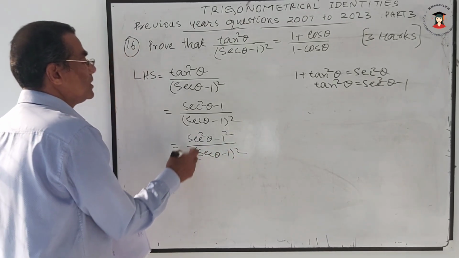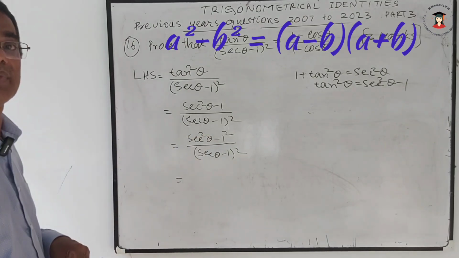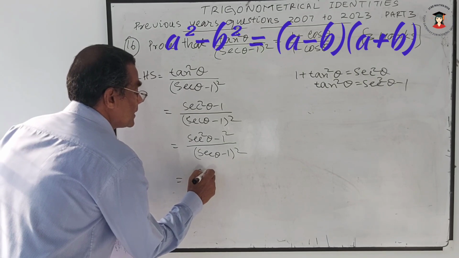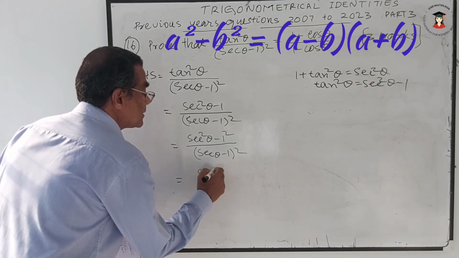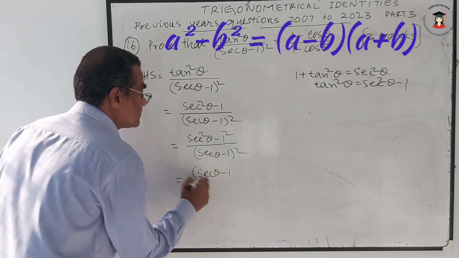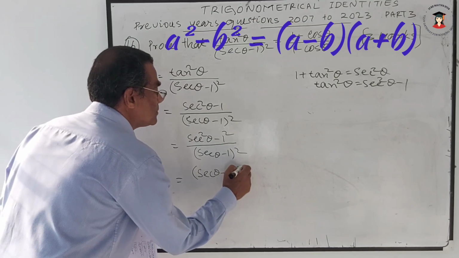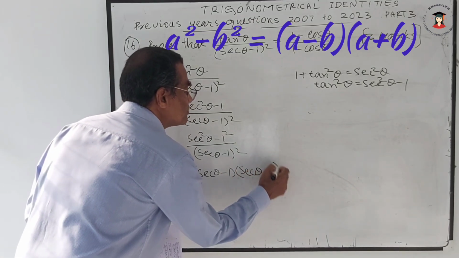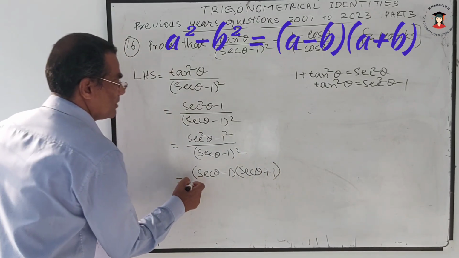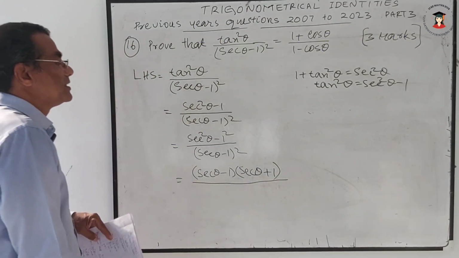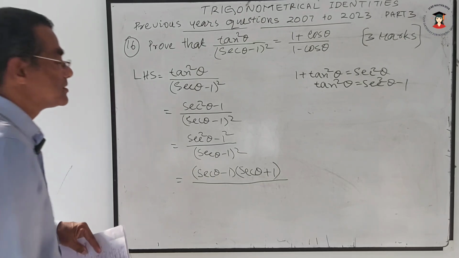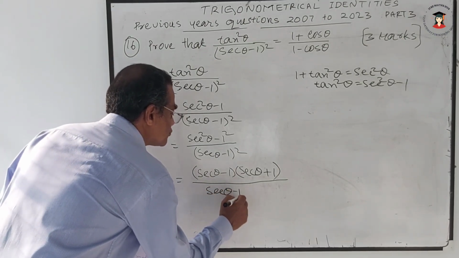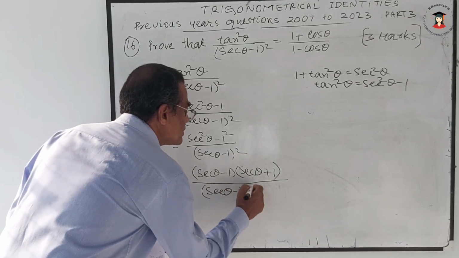Now this numerator is of the form a square minus b square, which is a minus b into a plus b, divided by sec theta minus 1 square, meaning sec theta minus 1 into sec theta minus 1.